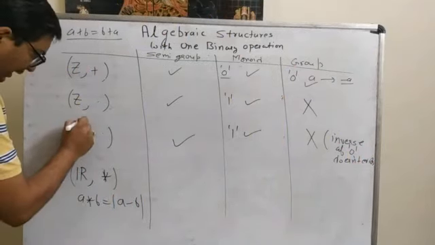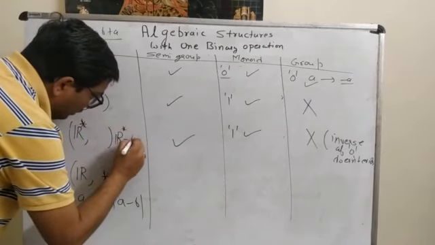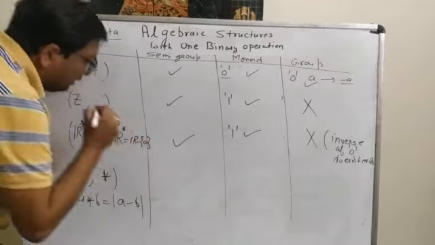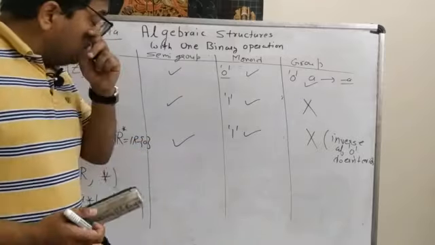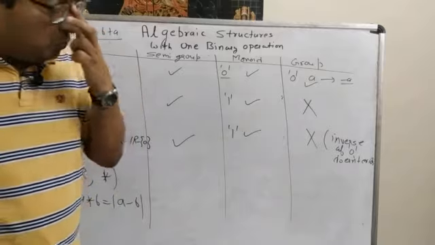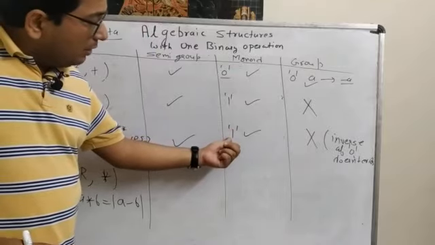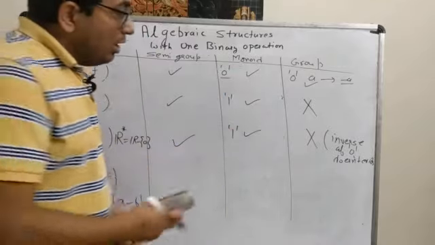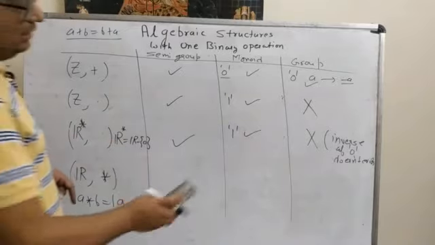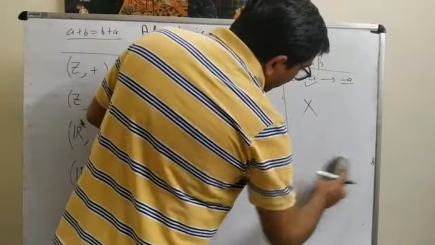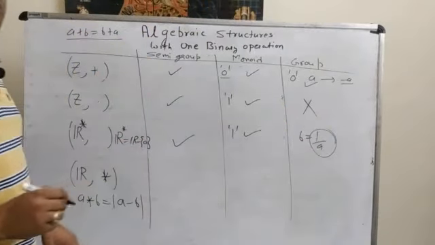Now let us take R star, and this R star is the set of real numbers minus 0. So we have taken all the real numbers except one real number, that is 0. So again it will become a semi-group, it will become a monoid with identity element equal to 1. Now in this particular case, if we take R star, then yes, the inverse of every element exists and it is the multiplicative inverse of that element.